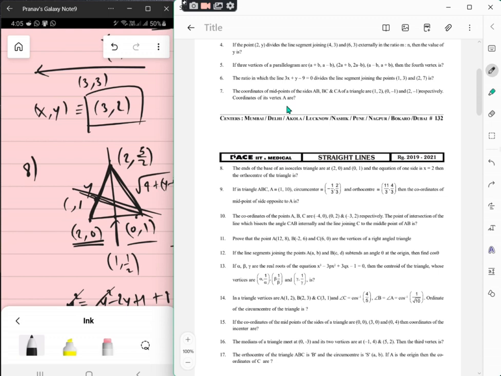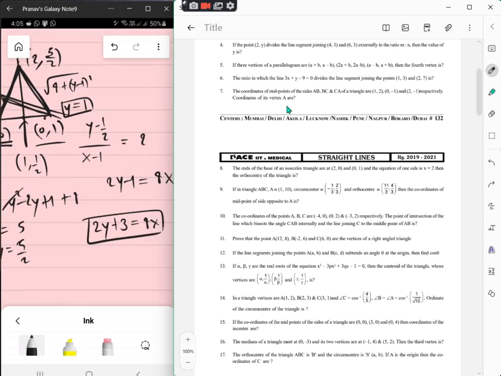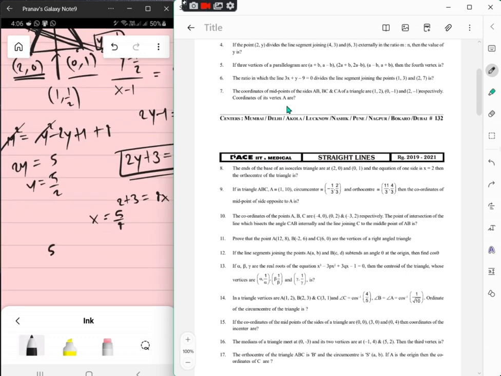But at least you now know what this line is. This line is just y equal to 1. So now we know that the orthocenter also passes through this line. So putting that into this, you have 2 plus 3 equal to 4x, x equal to 5 upon 4, and y is equal to 1. So our orthocenter should be 5 upon 4 comma 1. This is our answer.